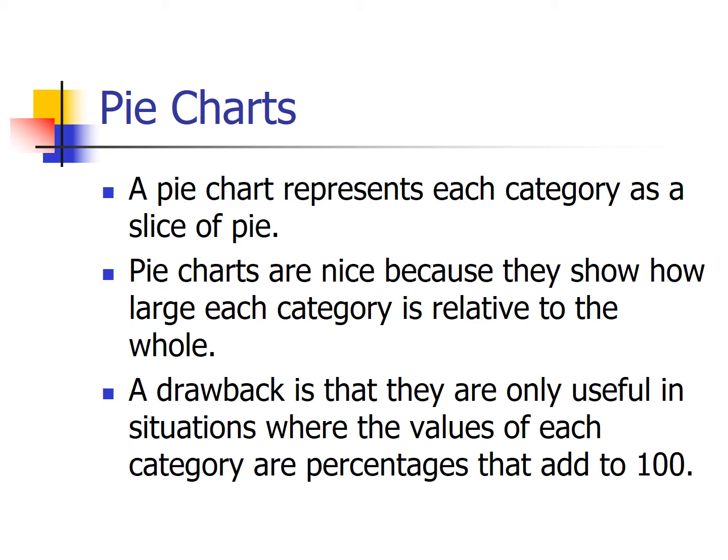So a pie chart, the way it essentially works, it takes each category, right? These qualitative variables have categories, and each category is represented as a slice of pie. Pie charts are nice because they show not only how large each category is, but graphically, visually, they let us see how large it is relative to the whole.